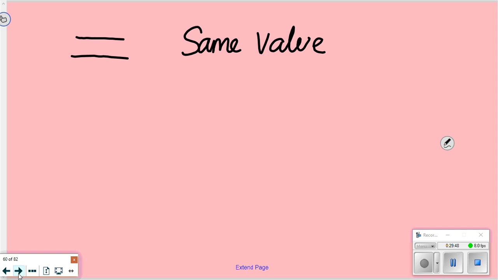We have two symbols to show that they're not the same. The alligator symbol. I'm writing, you're writing. This first symbol shows that this first value is greater.